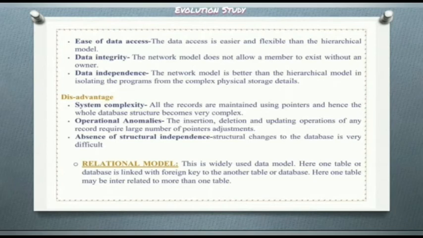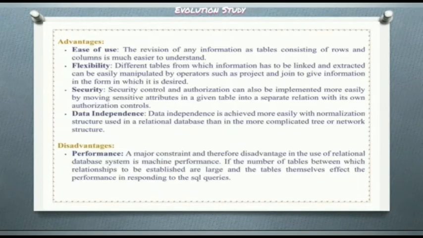What is the relational model? This is a widely used model, where one table, one database is linked with a foreign key to another table or another database. Here one table may be interrelated to more than one table. Advantages: ease of use. The revision of any information as tables consisting of rows and columns is much easier to understand.